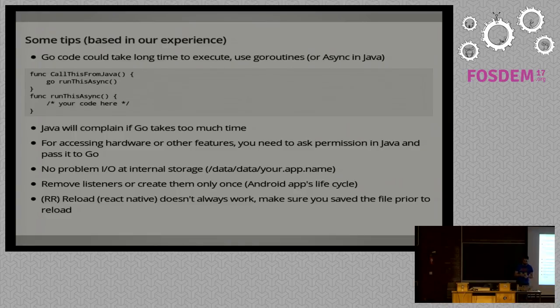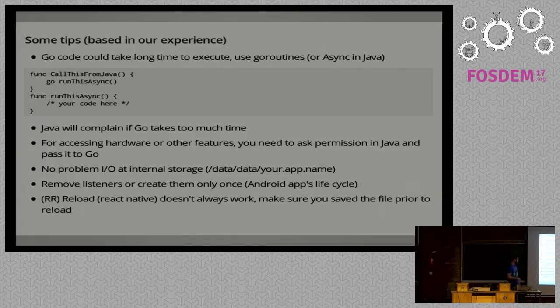As I said before, for accessing hardware or other features, you need to ask permission in Java, and then pass the file descriptor, the pointer, or the reference to Go. I've been told there is a little trick, like you could target an older SDK version in Java that doesn't include that feature, so you may be able to directly use the USB from Go.